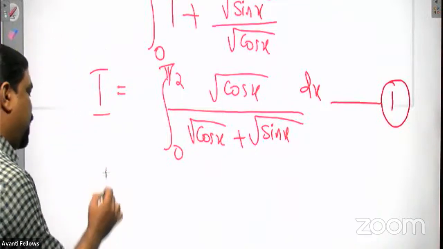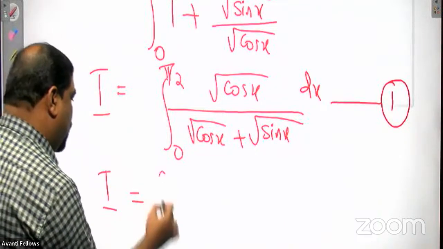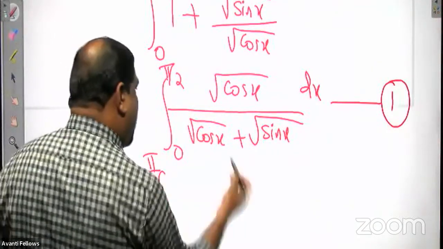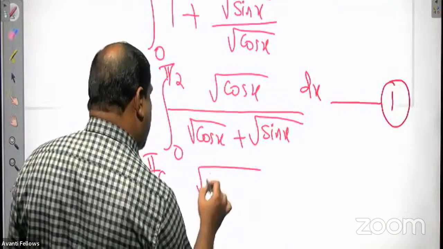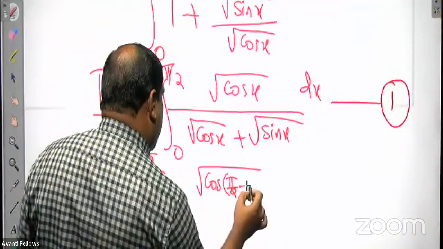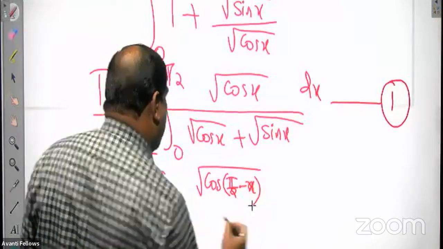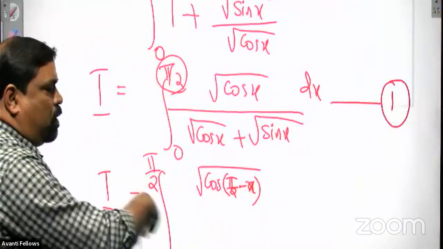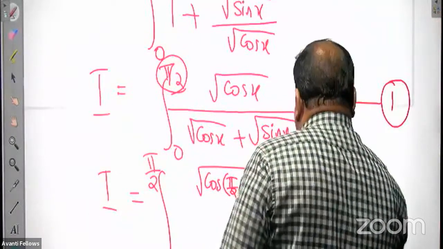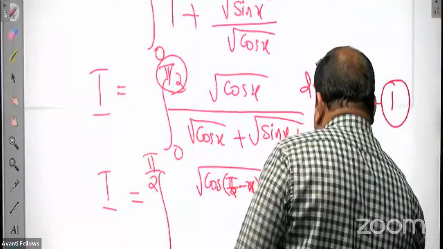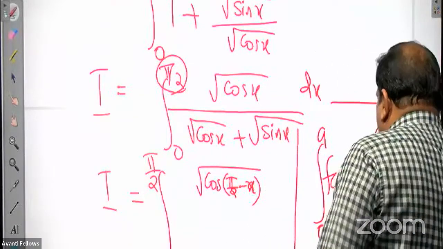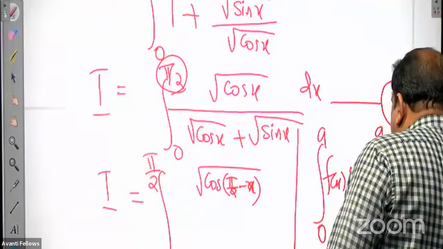Then we have a property. After applying the property, the same integral we can write using the property: wherever x is there, we can write a minus x, where a is the limit. Here the limit is pi by 2. So we have the property: integral from 0 to a of f of x dx is the same as integral from 0 to a of f of a minus x dx.